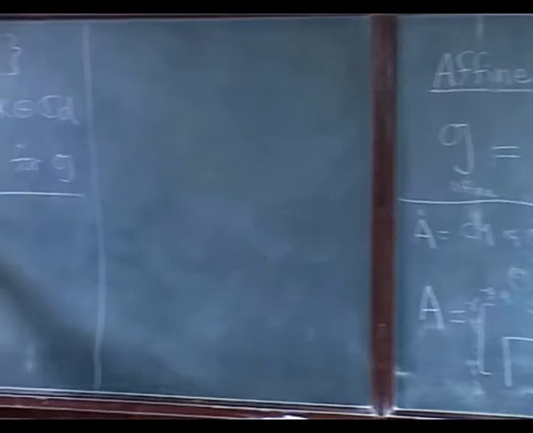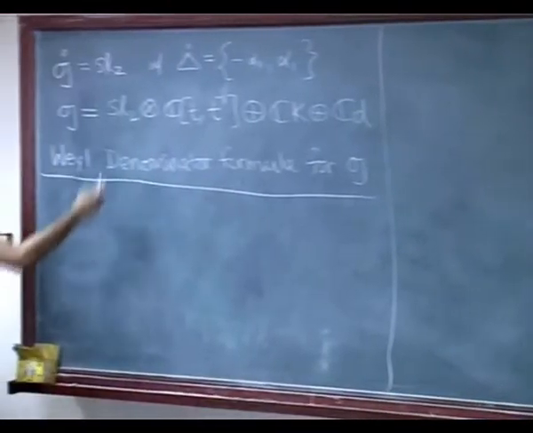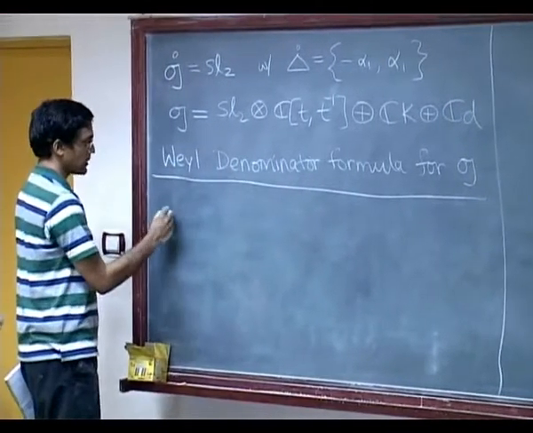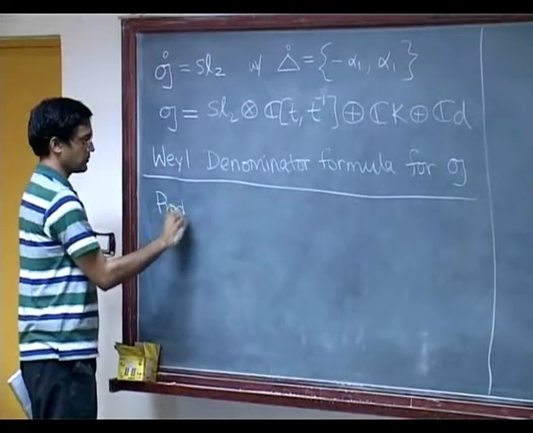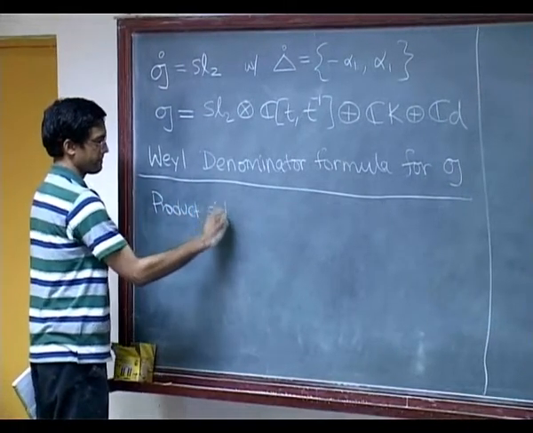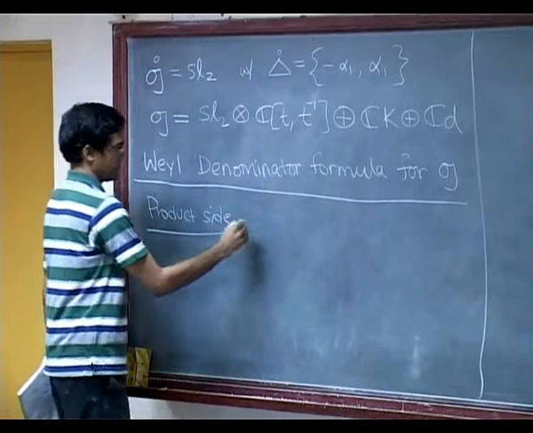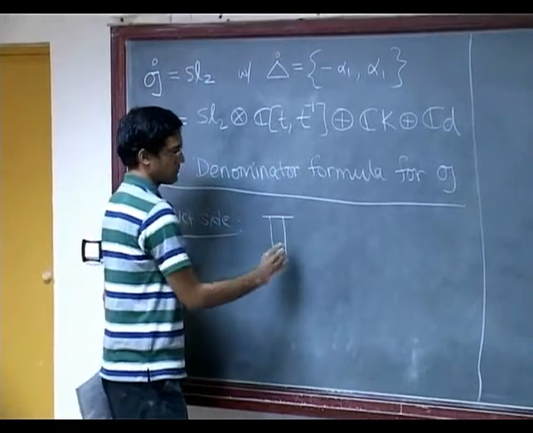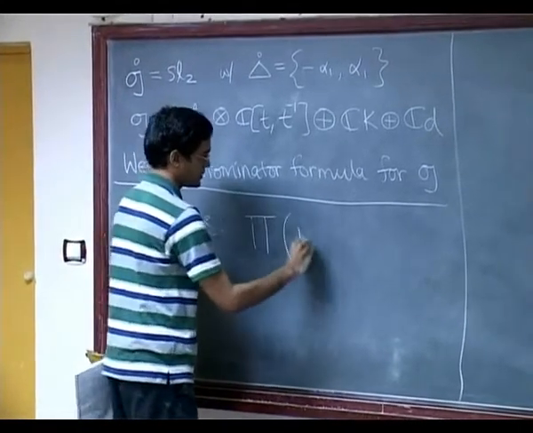So let's see what the Weyl denominator formula would become for this particular Lie algebra G. In particular, I'm going to work out the product side of the identity. So the product side of the denominator formula would just be these guys.